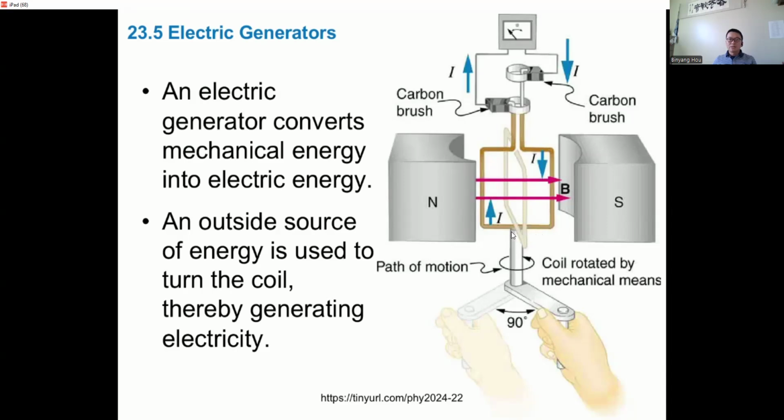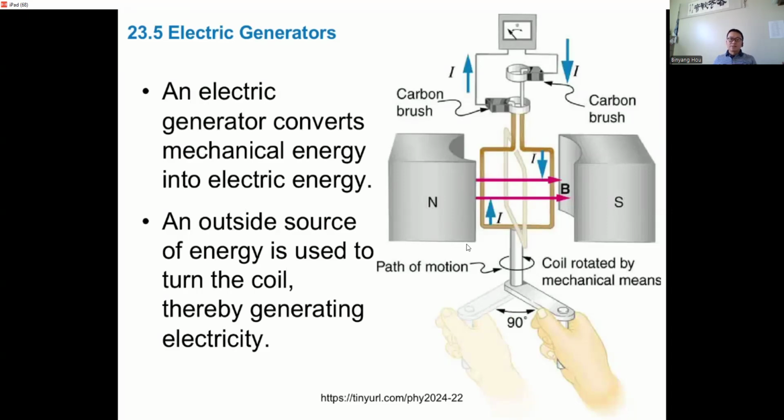So in the generator, you have a mechanical input over here. You turn this coil, and then the angle between the normal direction of the coil's plane and the B field is changing. So theta is changing.